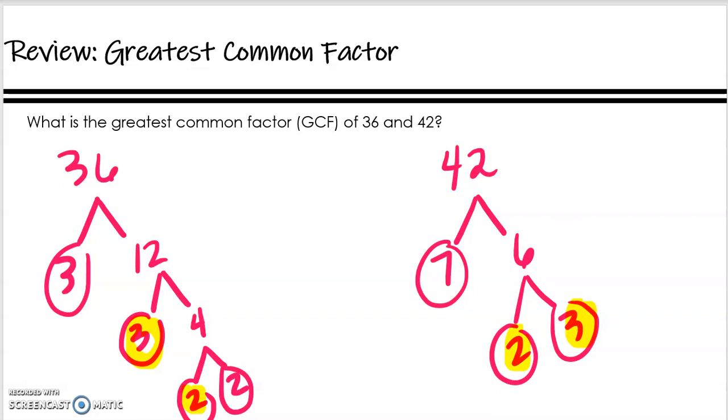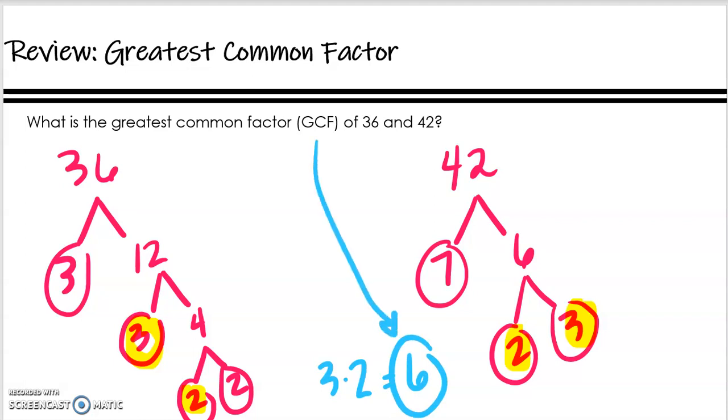Remember that when you're finding the GCF, you take those common factors, you multiply them, and our GCF is 6. Again, I didn't have multiple 3s or multiple 2s because my 42 only had one 2 and one 3.